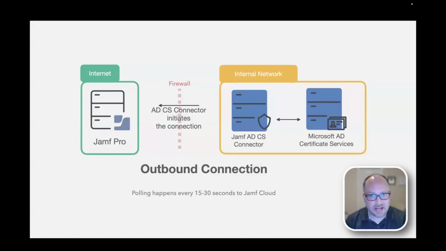One of the things that I've already been asked multiple times in various discussions internally at Jamf is how often does that poll? Well, that outbound connection polls every 15 to 30 seconds to Jamf Cloud to see, are there any updates? Do I need to retrieve a new certificate for a device or user? So that's how frequently it happens.